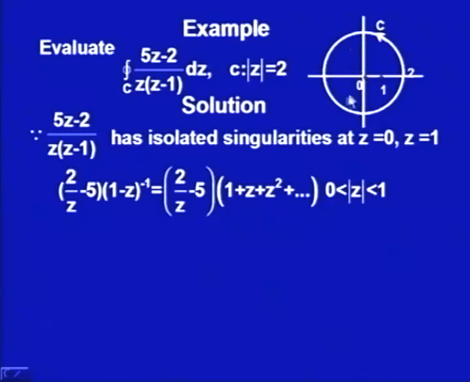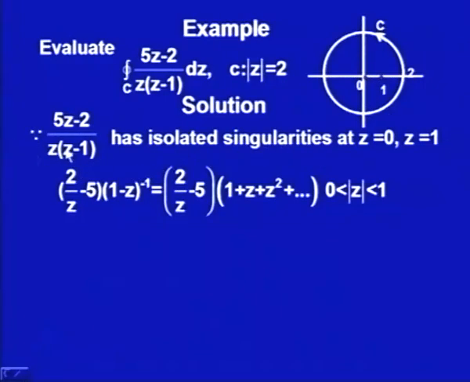If I use the Laurent series method, I have to find the residue at z = 0 and z = 1. That means I have to write the Laurent series expansion in the region 0 < |z| < 1, and another in the region where 1 is outside, that is 1 < |z| < 2. So, first I am writing it between 0 and 1.